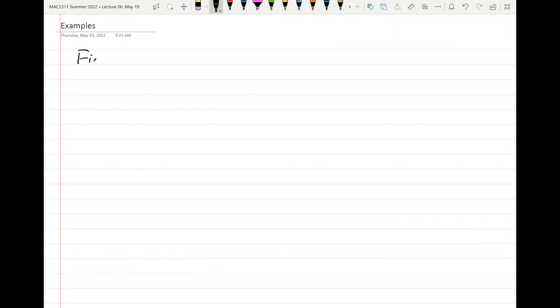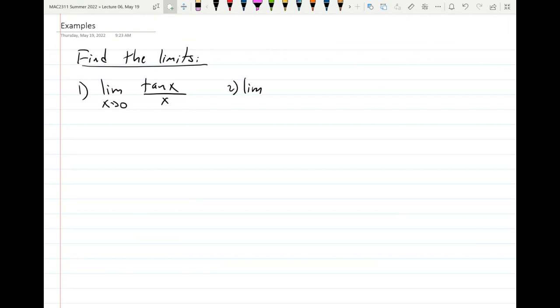So find the limits. Let's do the limit as x approaches 0 of tangent of x over x. Let's do the limit as x approaches 0 of sine of 4x over x.